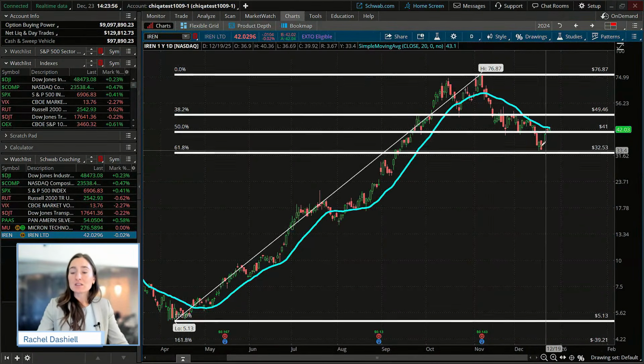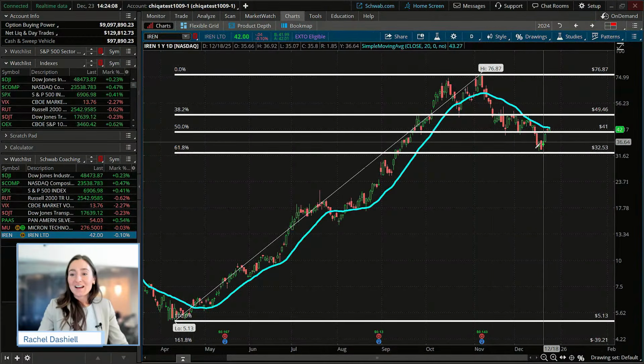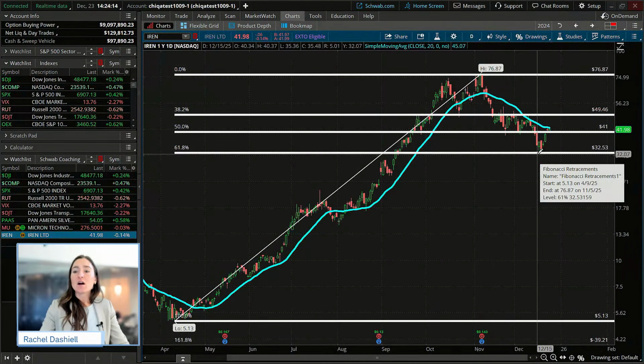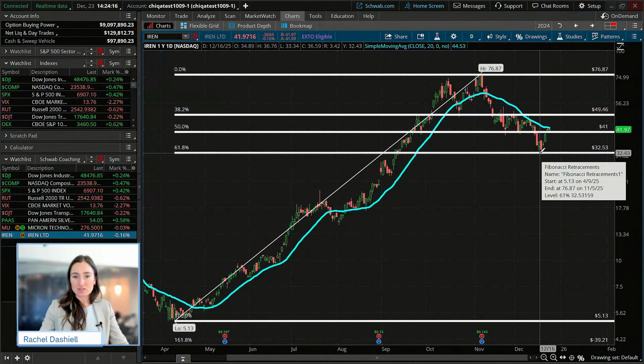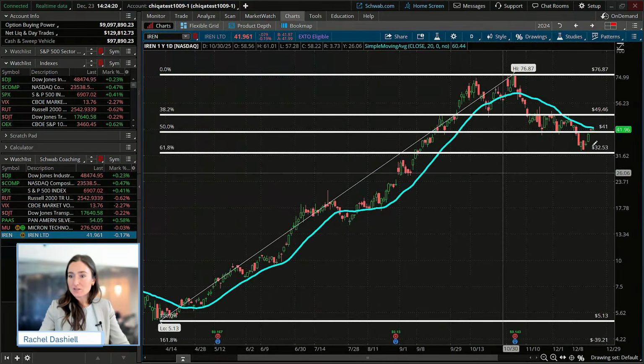But I will tell you this, if it would have broken below that 61.8% retracement level, that's an indication that there is a break in the primary trend. In this case, it still held that primary trend because it did have that confirmed bounce off the 61.8% retracement, and it even gapped above that 50% retracement here.